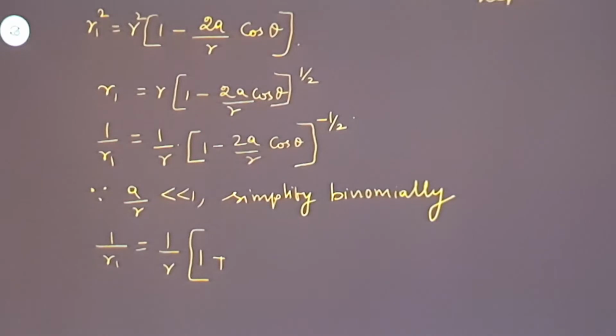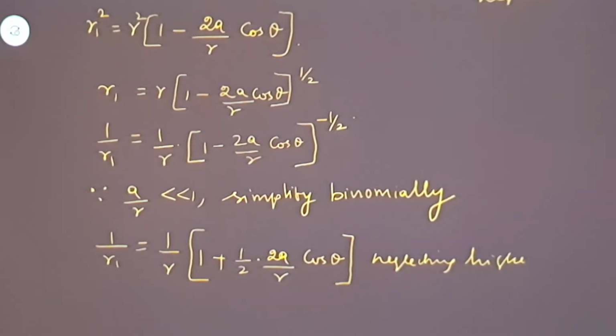Then I have to take this power quantity here, so 1 divided by 2, then multiplied with 2A divided by R into cos theta. Then the next terms, the higher powers, are considered to be very small, so I am neglecting the higher powers. I am writing the single term alone.